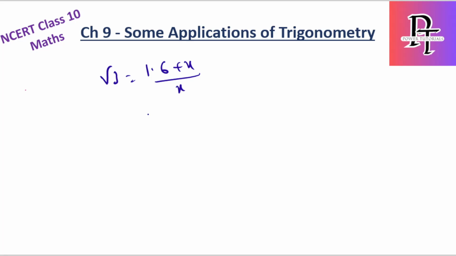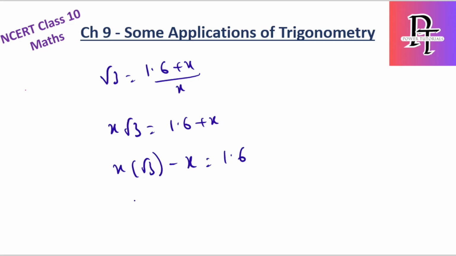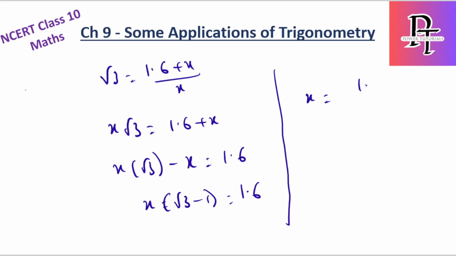If I do cross multiplication, this becomes x root 3 is equal to 1.6 plus x, or x into root 3 minus x is equal to 1.6. So I can write this as x into root 3 minus 1 is equal to 1.6. So x equals 1.6 by root 3 minus 1.